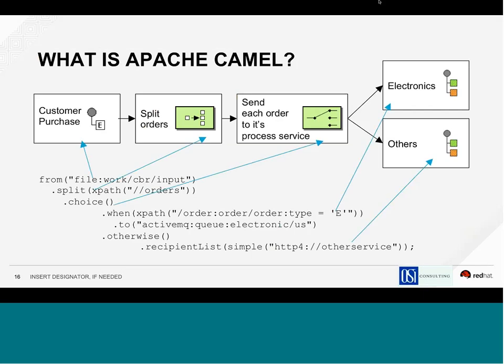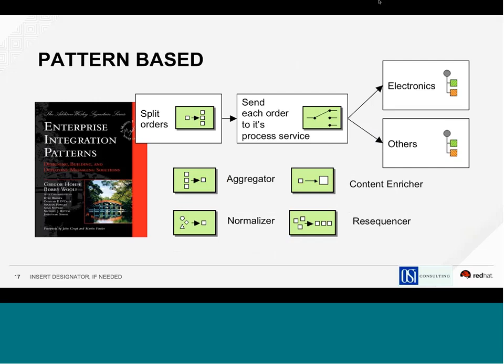When we talked about pattern-based integration, Apache Camel leverages the enterprise integration patterns developed and written by Gregor Hohpe and Bobby Woolf, which are really patterns as they relate to integration. And this is where JBoss Fuse provides you with those pre-built functions that I mentioned earlier, rather than focusing on having to write code for aggregating content across multiple providers, normalizing the data, making sure the data is of the same type, and enriching the data.